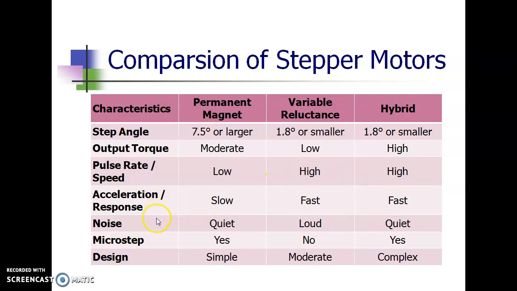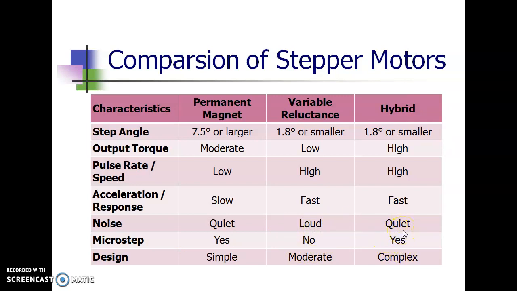The noise level: permanent magnet is a quiet motor. Variable reluctance causes a lot of noise, that is, it is loud, and hybrid is also a quiet motor. Microstepping is possible with permanent magnet, not possible with variable reluctance, and again possible with the hybrid type.